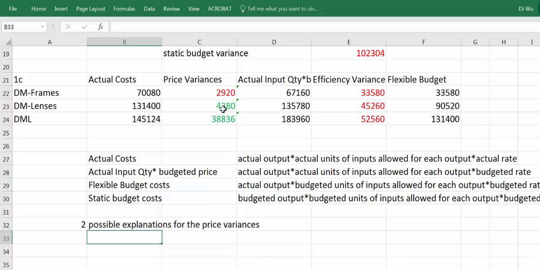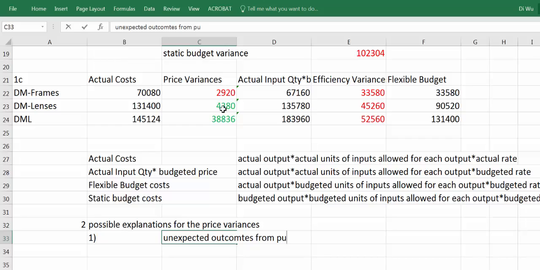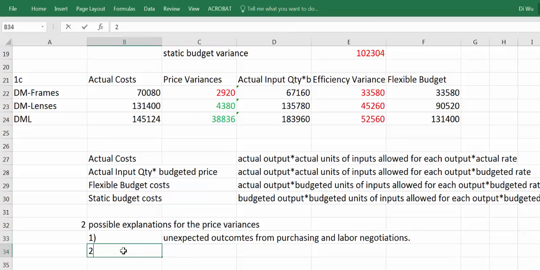First of all, you can think about unexpected outcomes from purchase, because you have to negotiate with suppliers, and maybe labor or union negotiation. Or could it be that a lot of senior people left, then you hire a lot of junior people, so they have an efficiency problem, but they cost less. Okay, so that's one of the reasons.